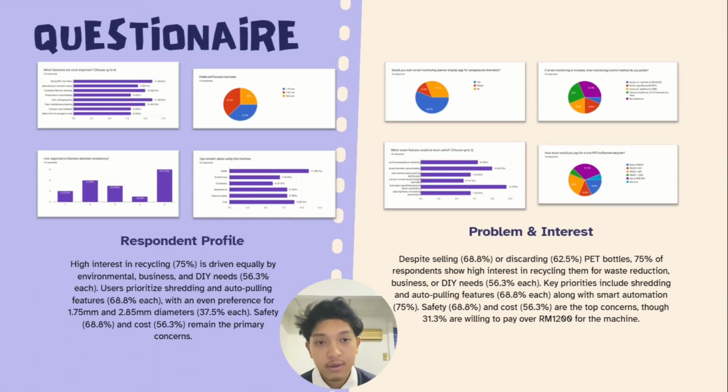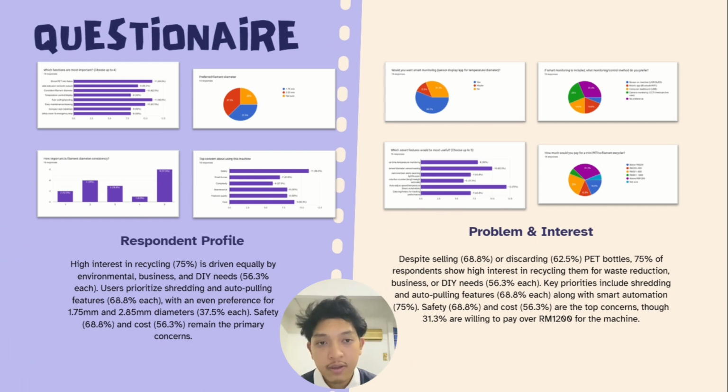Next, section C is about respondent profile. High interest in recycling, at 75%, is driven equally by environmental, business and DIY needs, at 56.3% each.